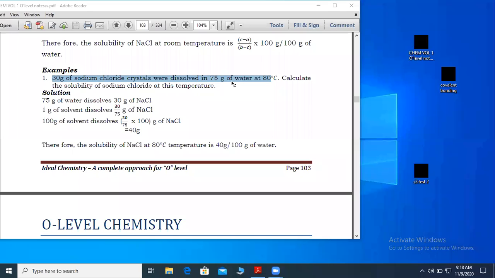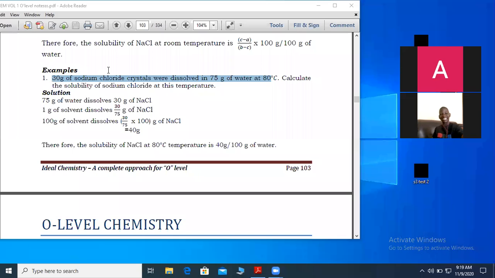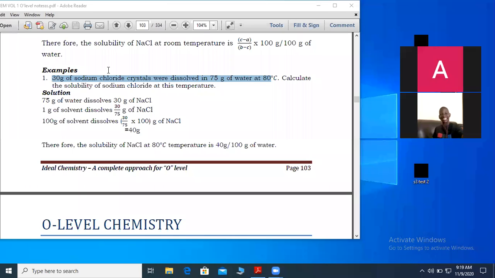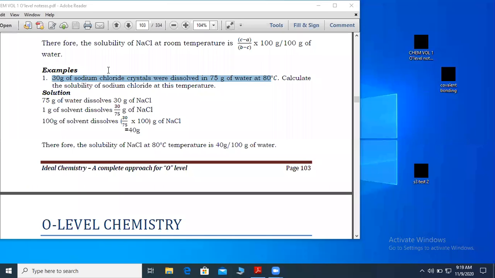So you will now need to know the mass of sodium chloride that will dissolve in 100 grams of water. That is how the definition goes: mass of solute required to saturate 100 grams of solvent. So instead of 75 grams of water, we should now find the mass which will be in 100 grams of water, and that will be the solubility.